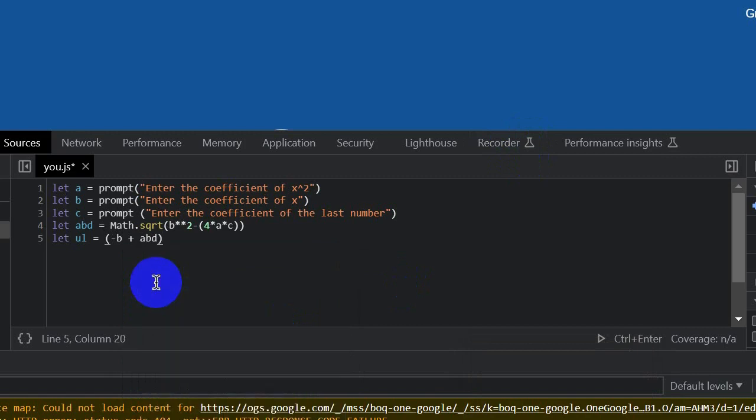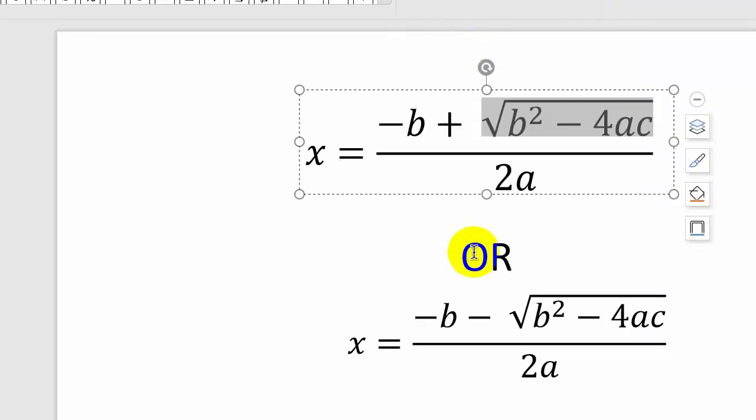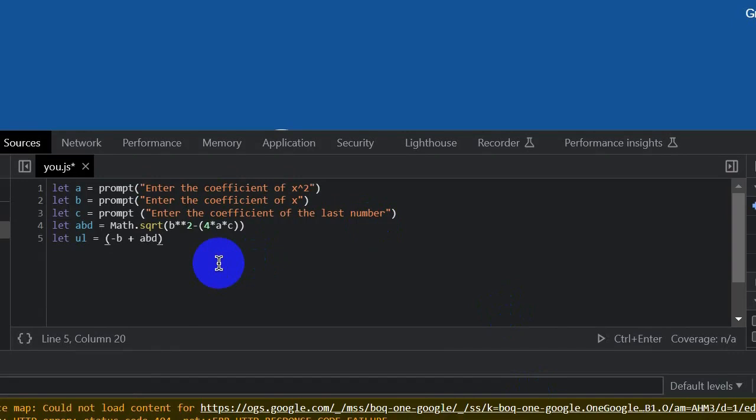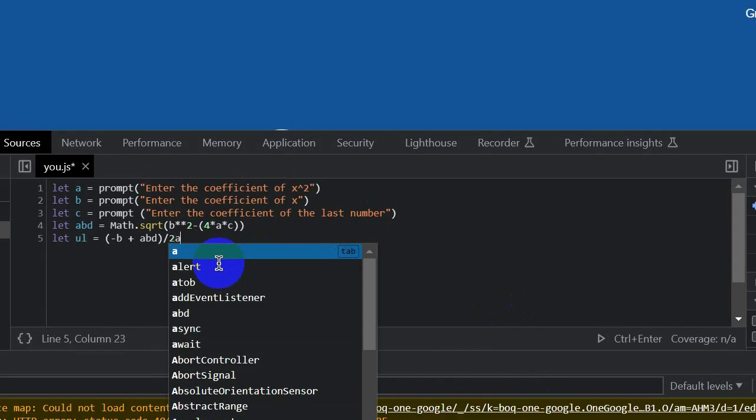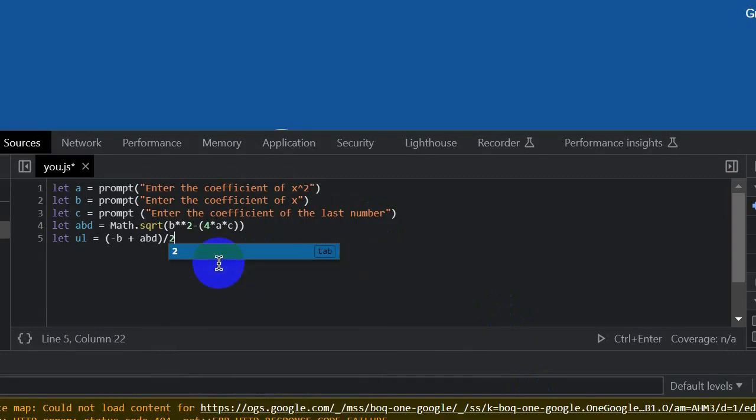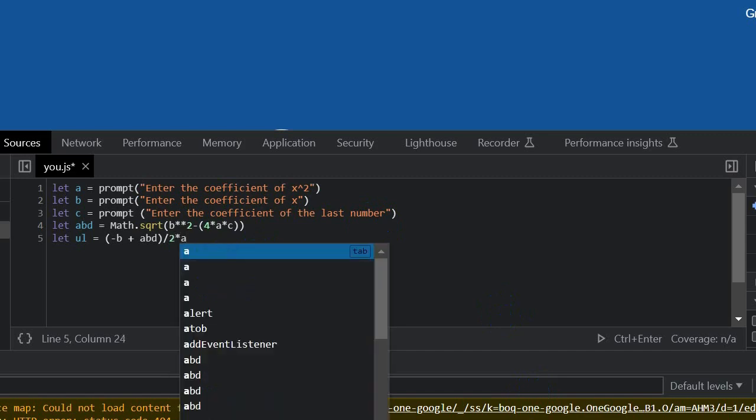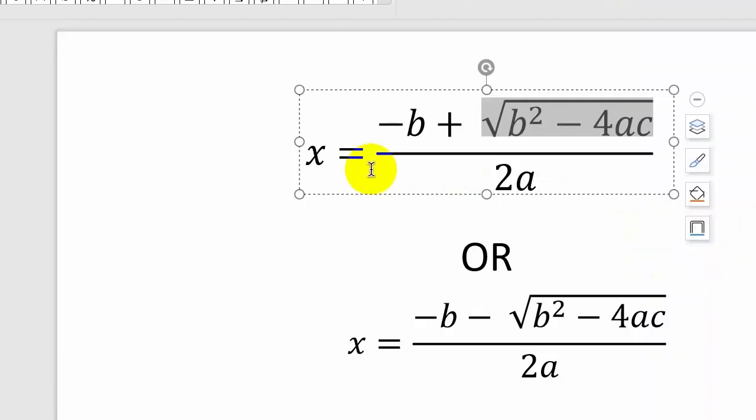Instead of writing this whole bunch of something here, the abd has represented everything here, the first equation I'm writing. So abd slash, the same as divided by 2 times a, right? As you can see, 2a.